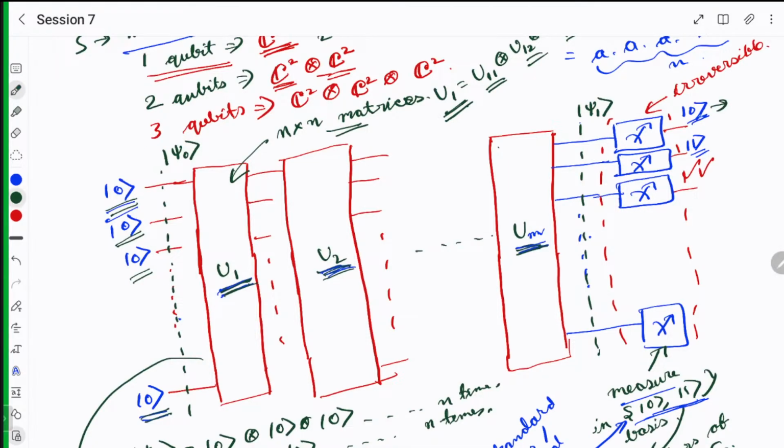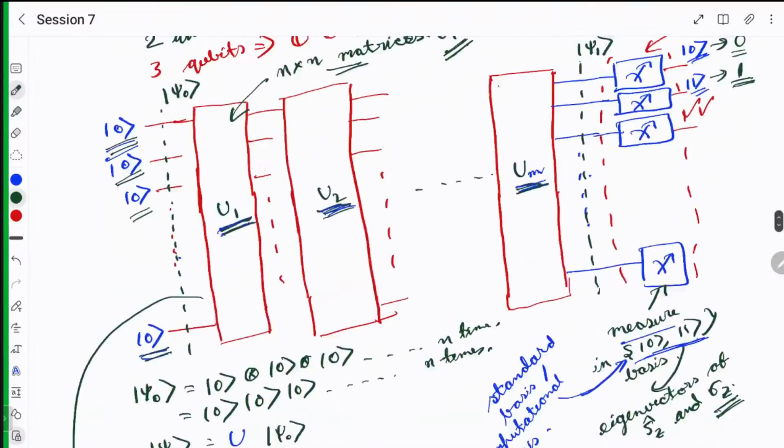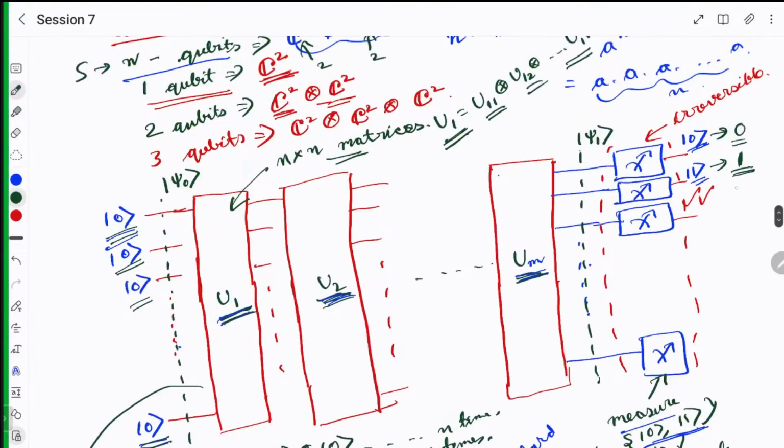If you get ket 0, you say you have gotten the classical bit 0. If you get ket 1, you have gotten the classical bit 1. So the measurement result will be a string of zeros and ones like this.